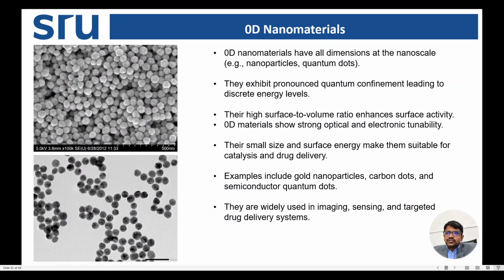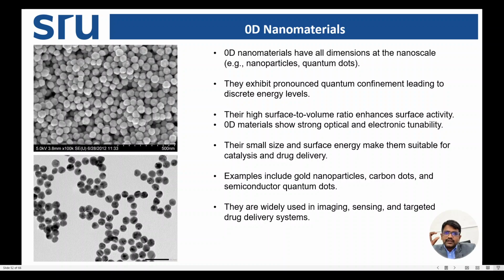0D materials show strong optical and electronic tunability. Because of these strong optical and electronic properties, and electrical conductivity, in our previous classes we have seen quantum dot LEDs. So what is the latest trend in televisions?